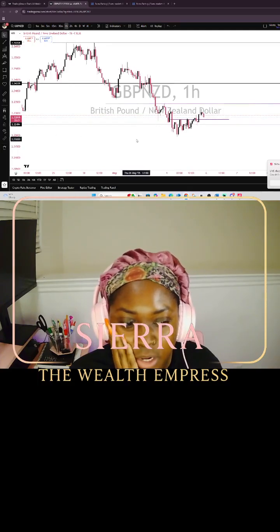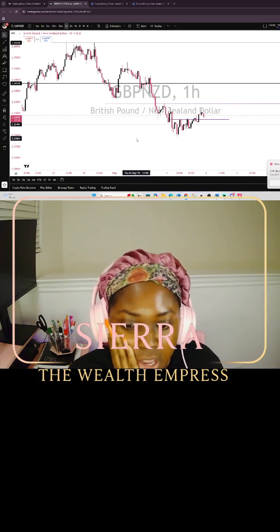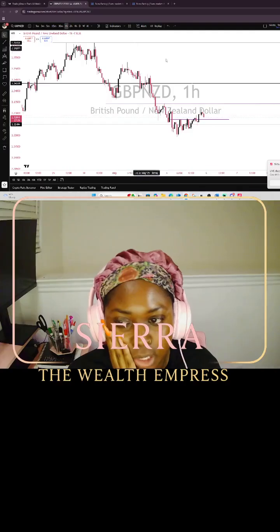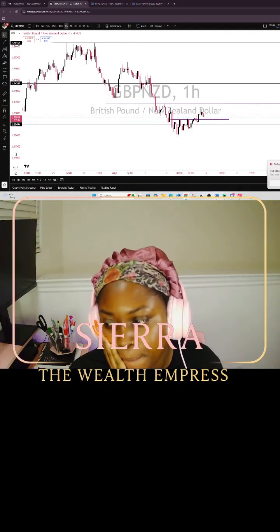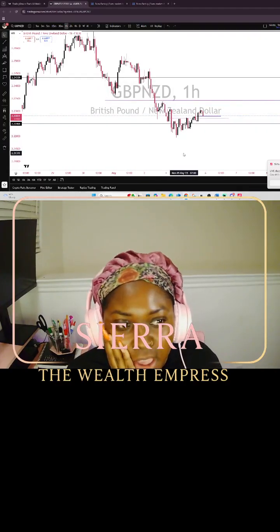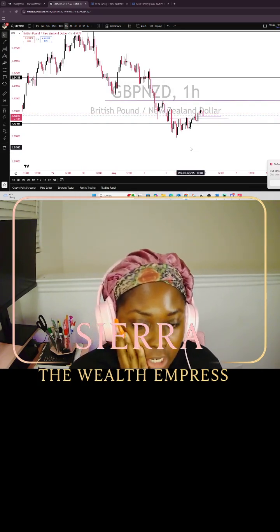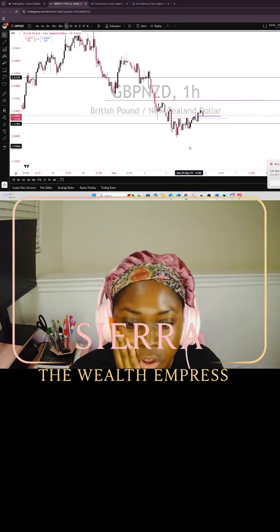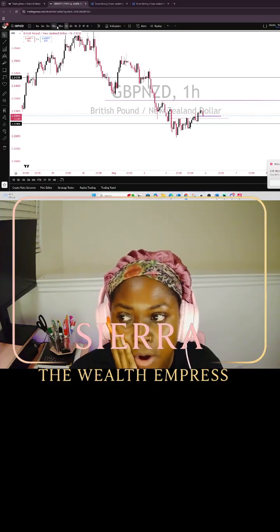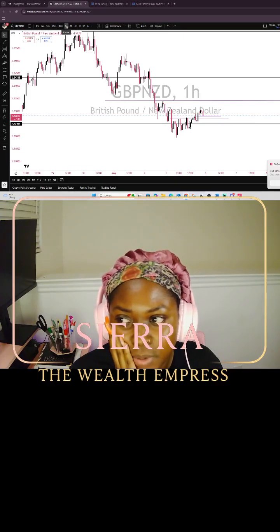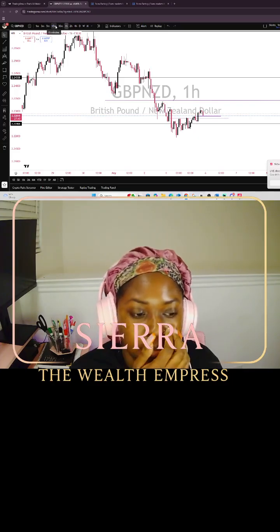So step one is mark up the ranges, and then step two, wait for the low or the high of the range to be run. And then step three, wait for price to come back into the range and break structure on either your hour or down to your 15 minutes. So the hour, the 30-minute, or the 15-minute.